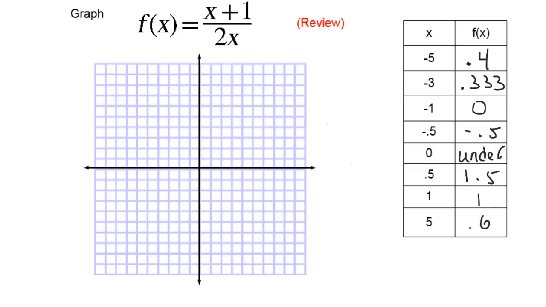When I place the rest of the values of x into my function, I get the values you see completing my table. So now I can start to graph this. But before I do, let's look at some special things. First of all, when x equals 0, that is a special thing. Whenever I get undefined for the value of my function, that usually means I have a vertical asymptote.